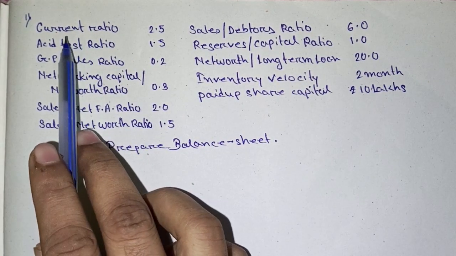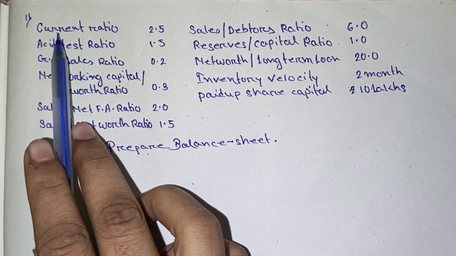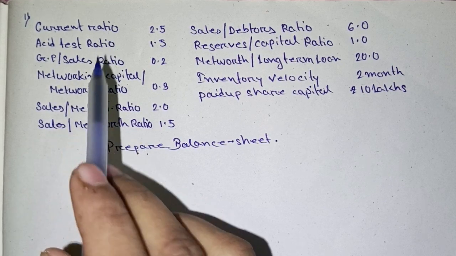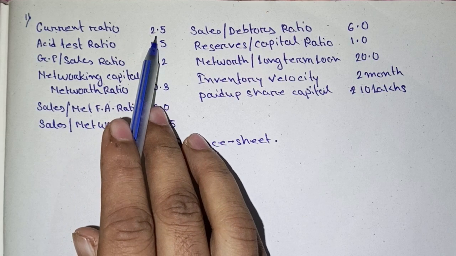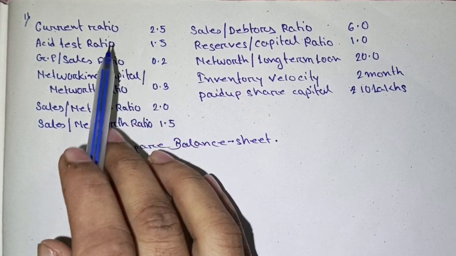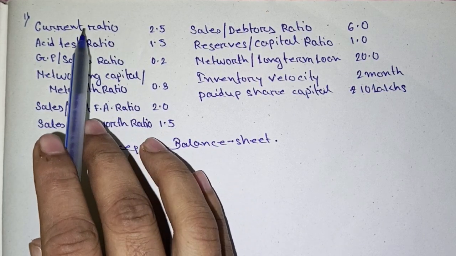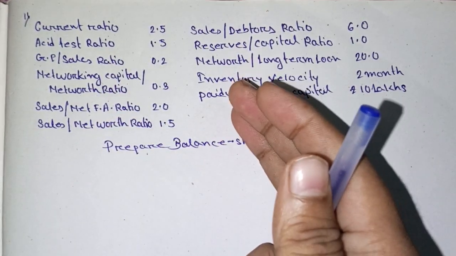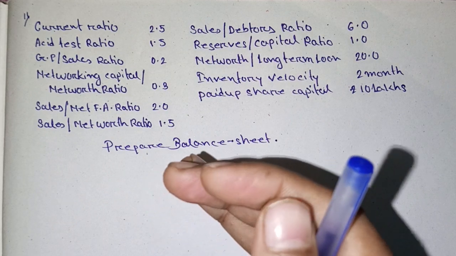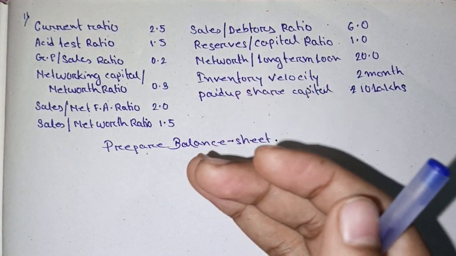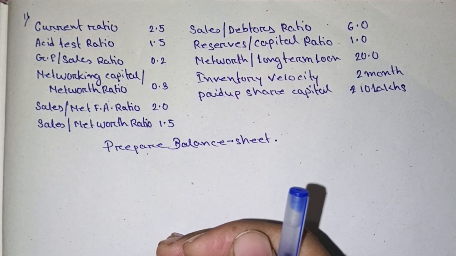First, the current ratio is given as 2.5. What is the meaning of it? Current ratio means current asset by current liability.